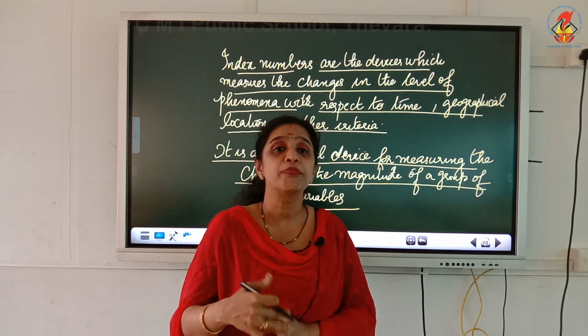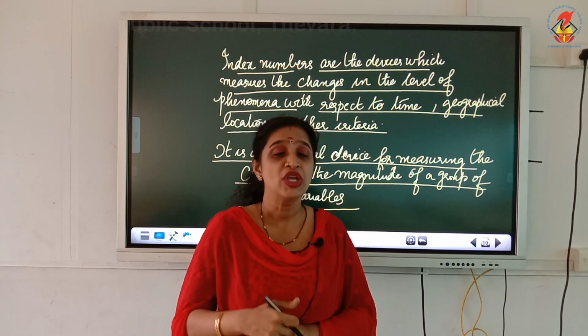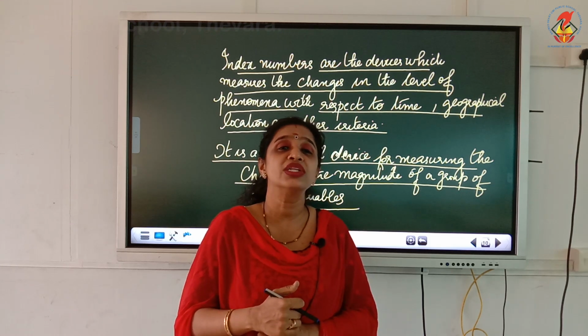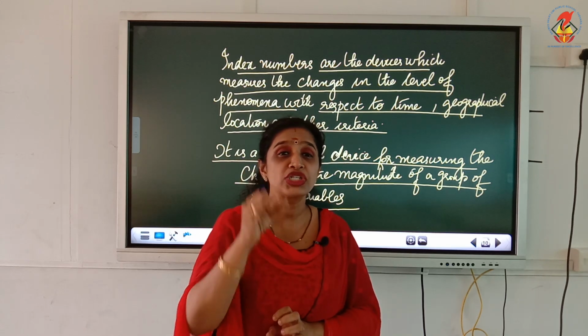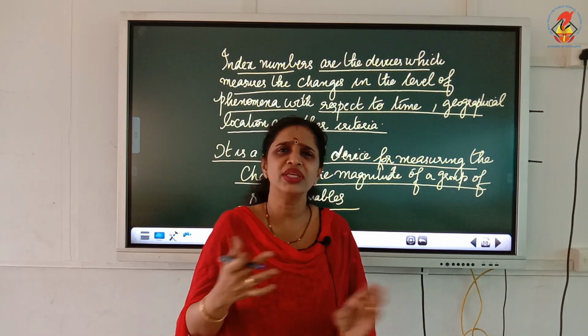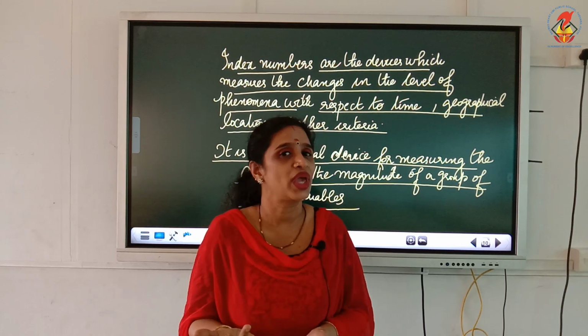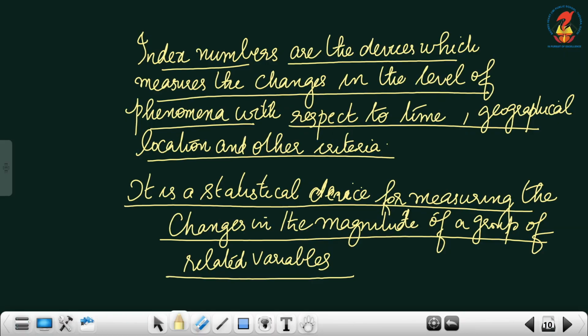For example, prices of the commodities, production of agricultural products in the agricultural sector, then production of the industrial sector. All these vary. These are known as variables. So, index numbers are the devices which measure the changes in the level of certain variables or phenomena with respect to time, geographical location and other criteria.